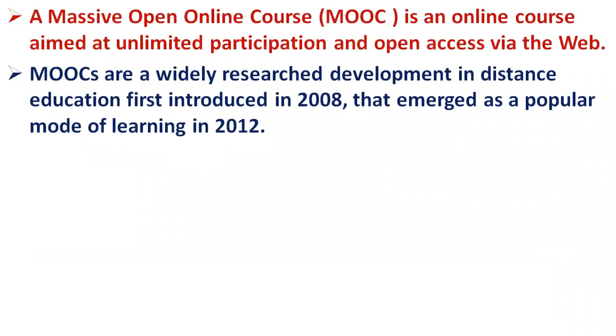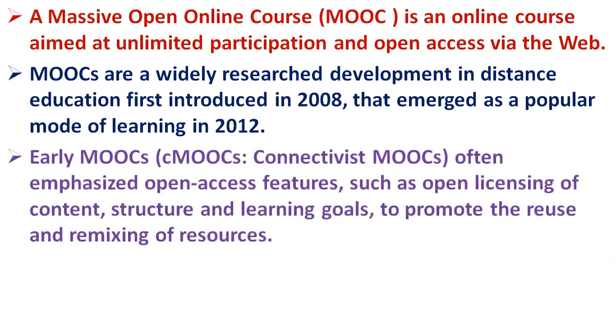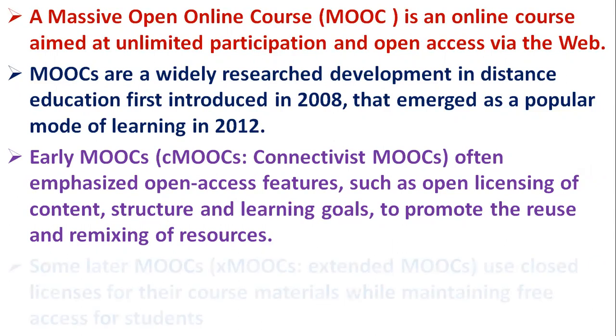MOOCs are a widely researched development in distance education, first introduced in 2008, that emerged as a popular mode of learning from 2012 onwards. Early MOOCs, which we normally call cMOOCs, or connectivist MOOCs, often emphasized open access features such as open licensing of content, structure, and learning goals to promote the reuse and remixing of resources.